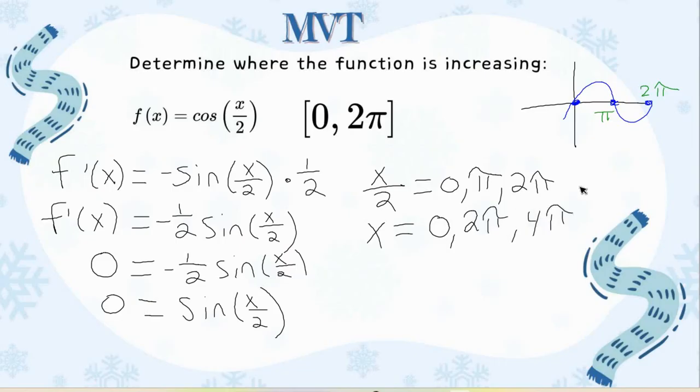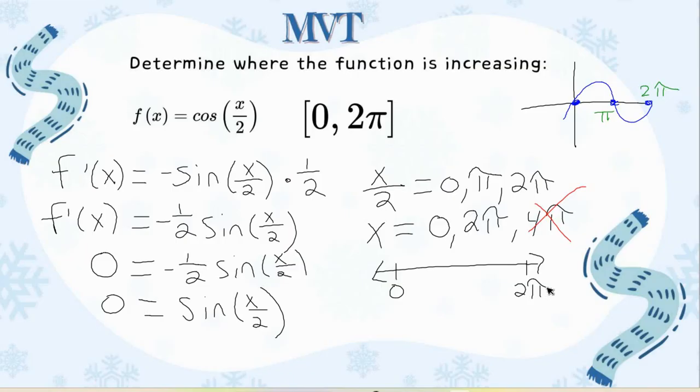What's my interval? 0 to 2 pi. Yep. So now we don't care about that 4 pi anymore. If my interval is 0 to 2 pi and my critical points are 0 to 2 pi, how many things am I going to have to plug in? Just one, because it's going to be doing the same thing for that entire interval.